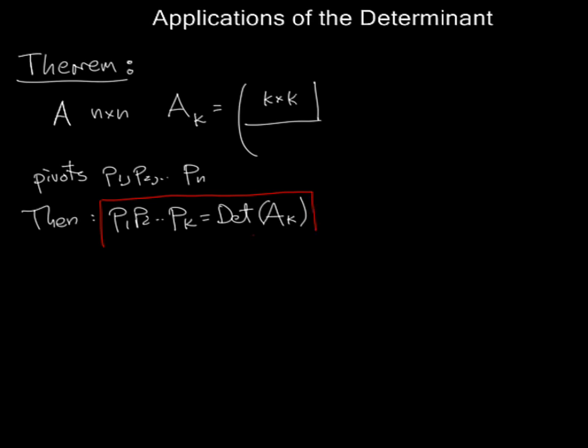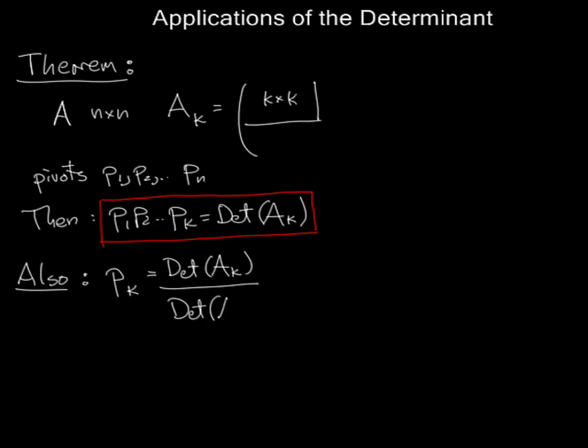That's kind of cute. So that gives you a way to compute the pivots without actually carrying out Gaussian elimination. That's the key point. The way you extract a single pivot is you take a ratio of two of these determinants. Again, the key point is this gives you a way to compute the pivots without running through the whole Gaussian elimination algorithm.